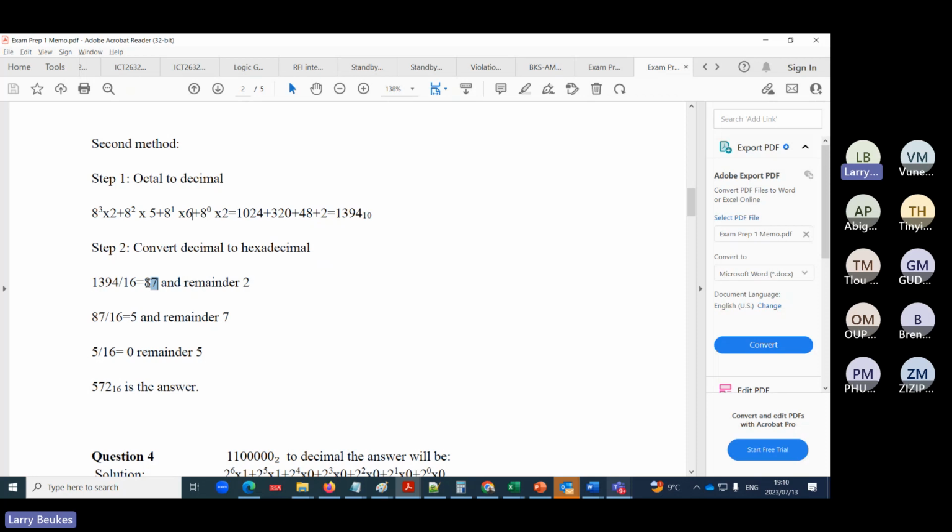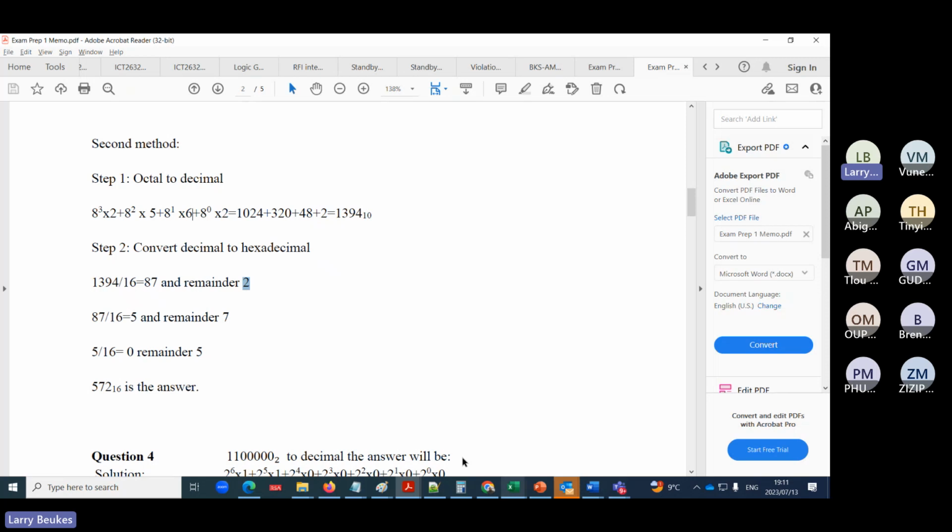Then whatever answer you got here, you're going to divide it by 16 again, right? You get your answer, you keep the remainder, until you get a number lower than 16. Then you take those remainders, which is going to be your answer. Your answer is going to start from here, coming here, and going here, to the power 16.